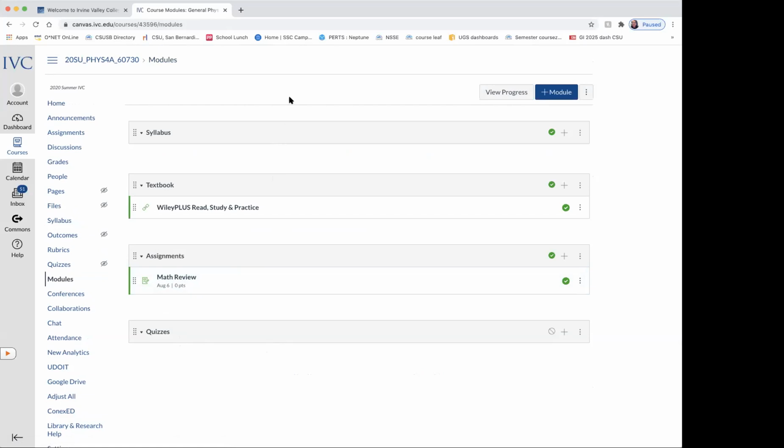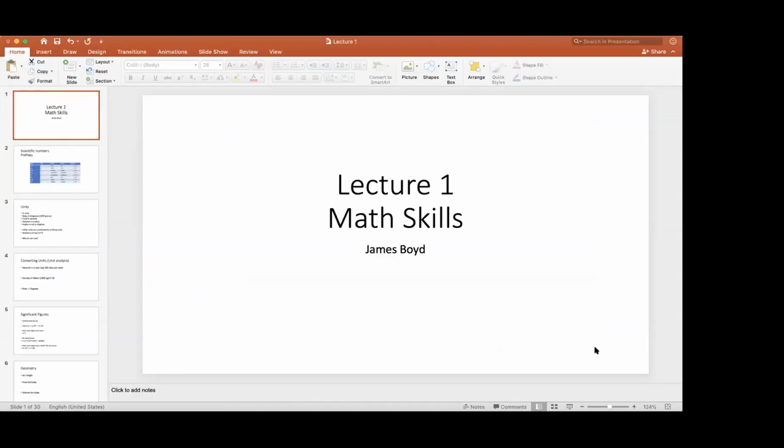That being said, let's move on to the highlight of today's lecture, and that is our math skills chapter. It's either called chapter 0 or chapter 45, depending on where Wiley puts it. I don't know why they do that, but in this particular class, I focus a lot on problem solving, meaning I want to know how you set things up.